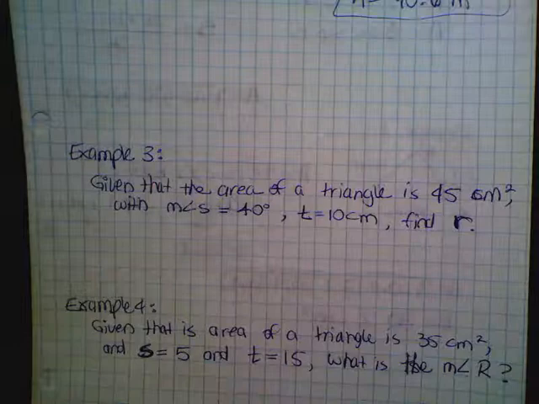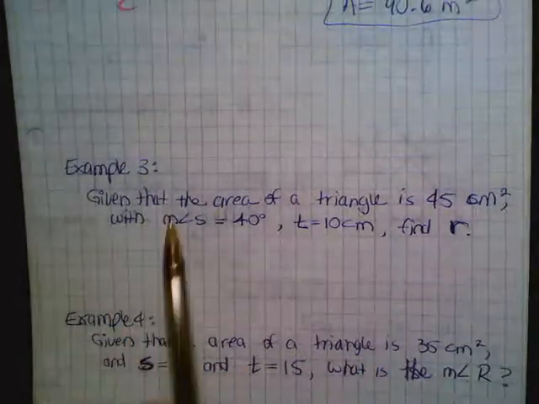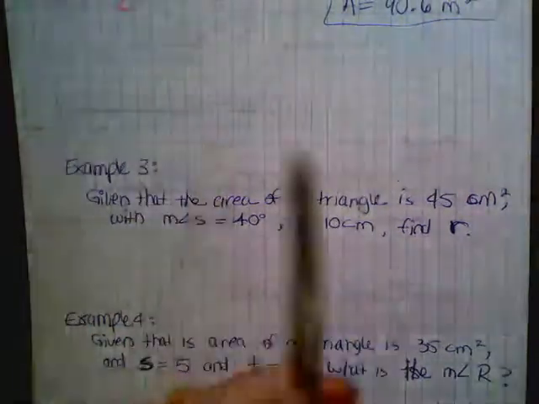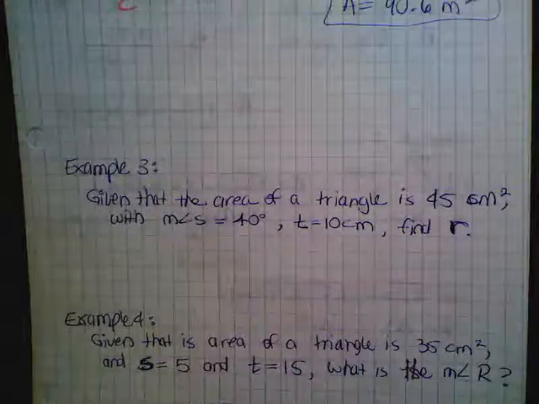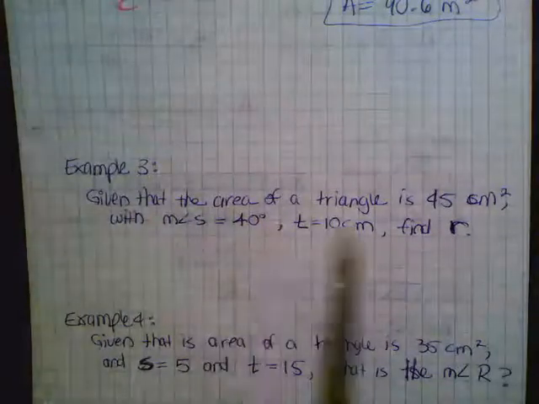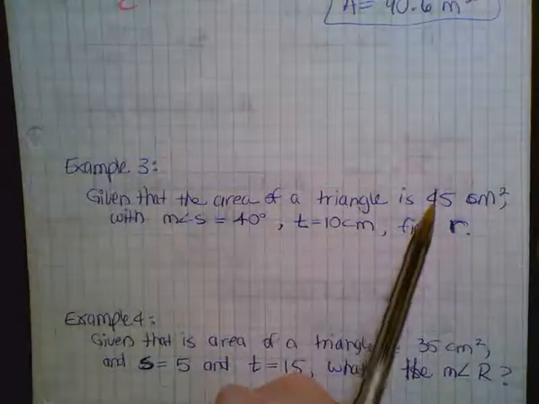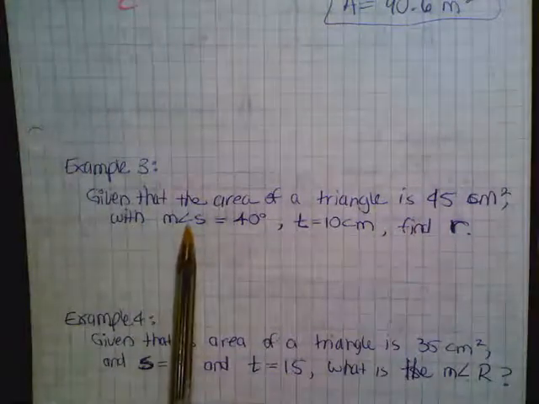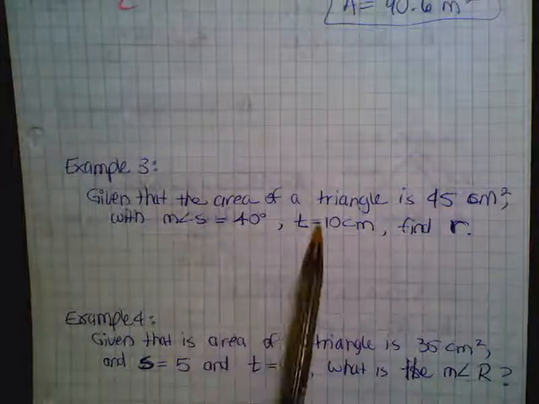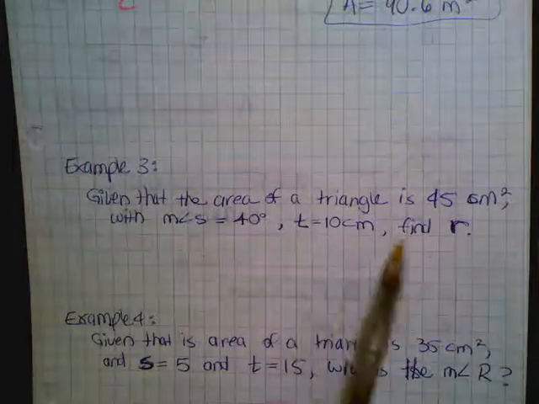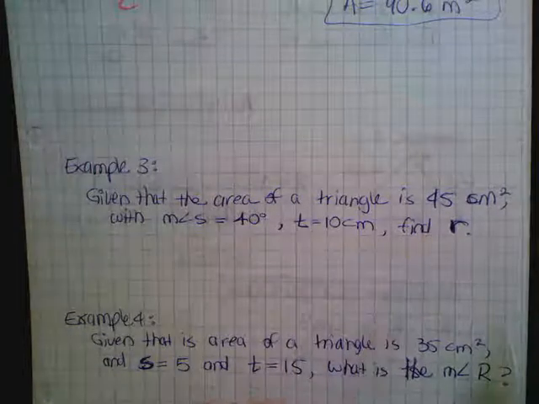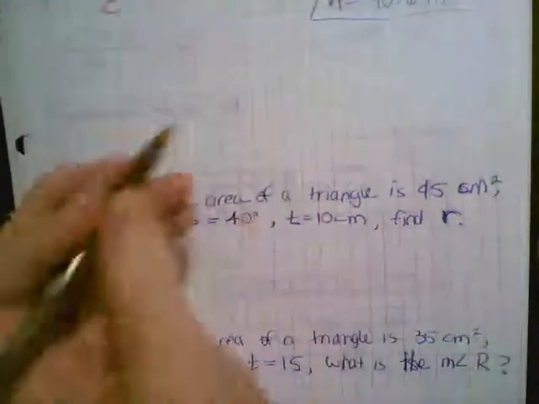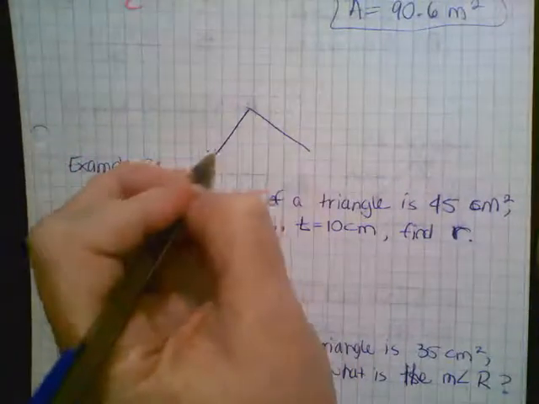So here's example 3. I didn't leave myself enough room on this paper to write below, so I think I'll write above it a little bit. So given that the area of a triangle is 45 centimeters squared, with the measure of angle S is 40, side T is 10, find side R. All right, so let's just draw a triangle.